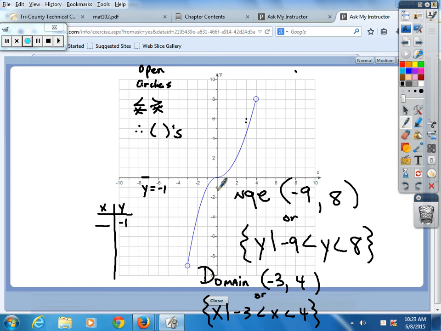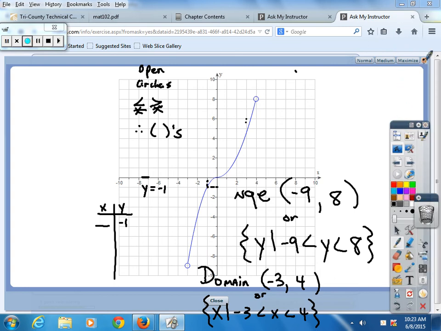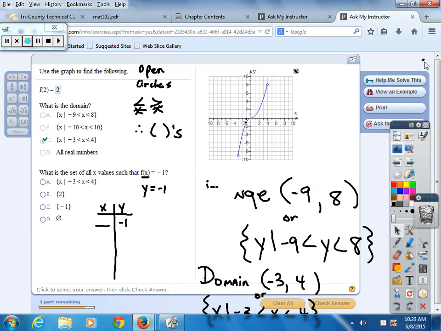Here's your -1. y is equal to -1, so you draw a line over to it. And wherever y is equal to -1, there's got to be a corresponding x, and that x is -1 too. So that's why it comes out to be -1, -1. So that answer is -1.